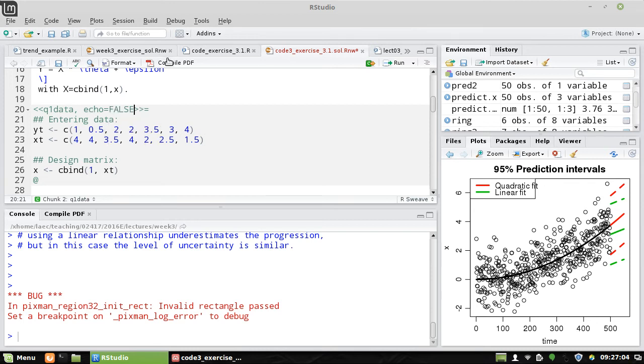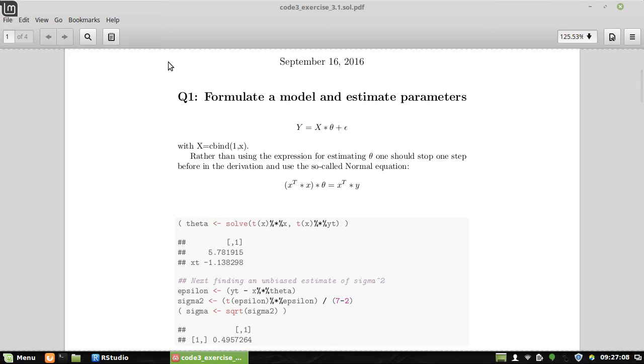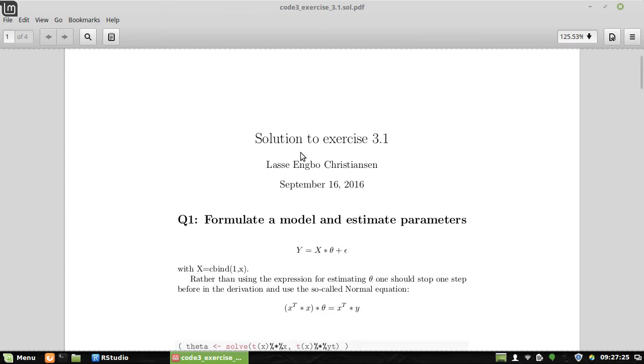If I recompile, it's gone. So it's very easy to get things out, if you like that. But I mean, there are so many things that you can play with. I don't want to stand here and spend time. But if you just look at knitr, you will find what you need. There are a number of examples.